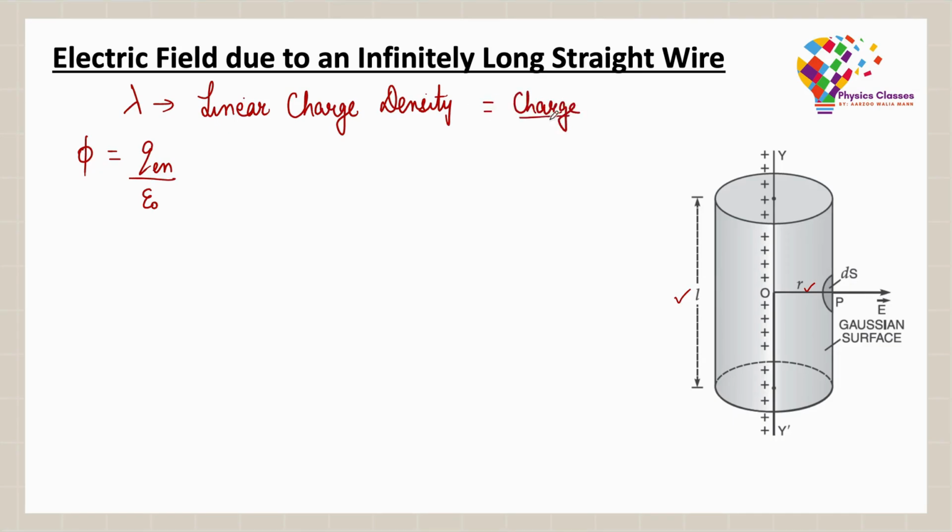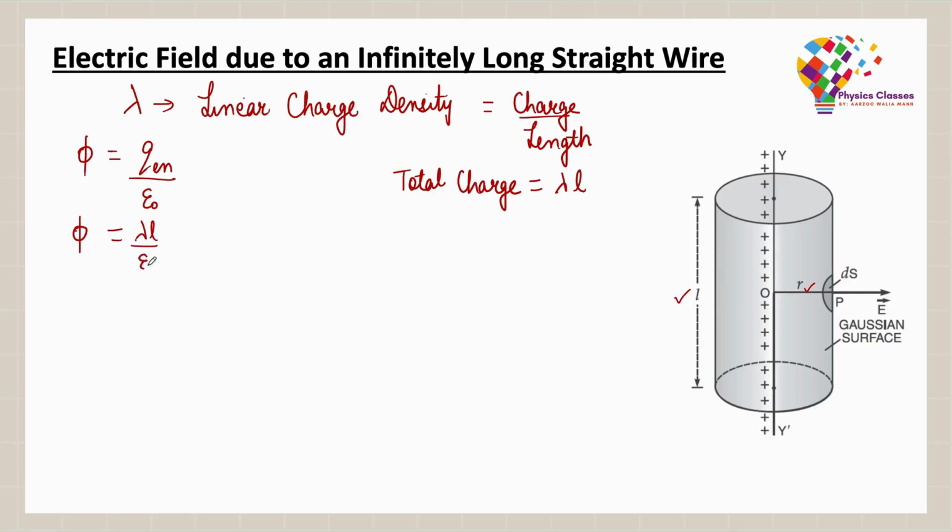So the total charge would simply be equal to the linear charge density, that is lambda, times L. The length of this one over here is L. Therefore, as per the Gauss law, I can write my flux as lambda times L by epsilon naught.